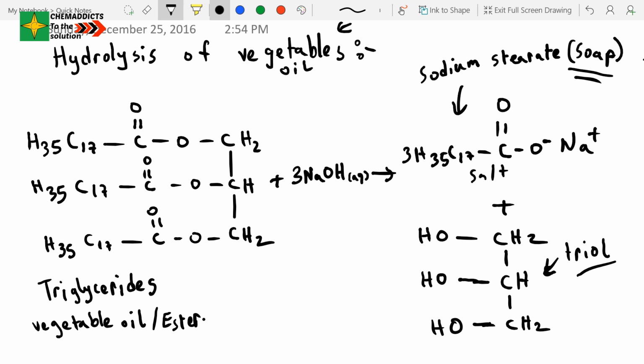More specifically, the name of this triol is propane 1,2,3 triol. Let me write it here since there is no space.